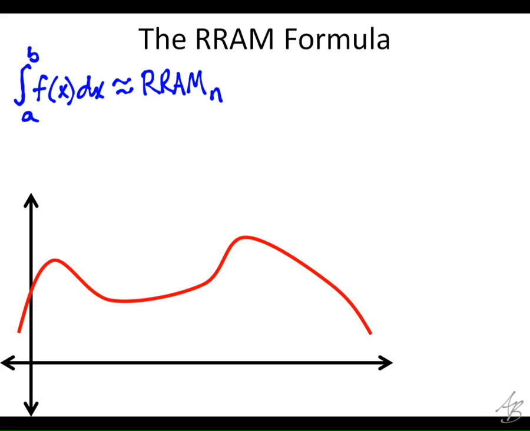All right. So since we're going from a to b along the x-axis, first thing I'm going to do is just mark off an interval here from a to b. And we're going to break this up into rectangles. So let's just get an idea of what that's going to look like.